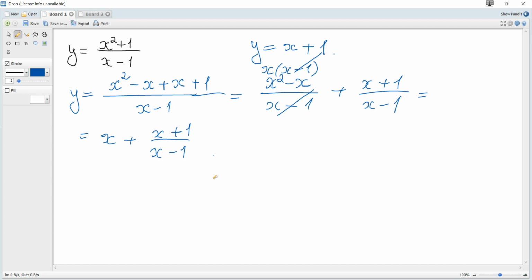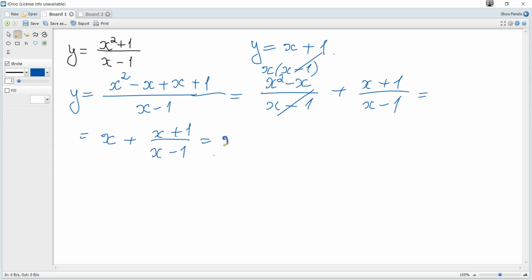And actually slant asymptote is about the limit when x tends to plus minus infinity, and here we can see the same power in the numerator and denominator, so the limit is 1, so I can write that it's x plus 1. Or to be more clear, I can do the same here.